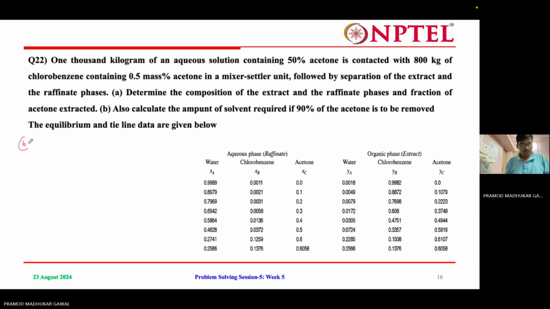So the acetone remaining in the aqueous phase is 500 into 0.1, so that's 50 kg.